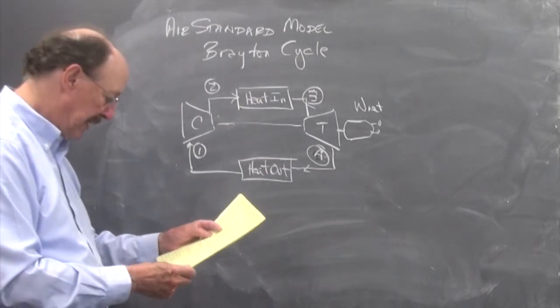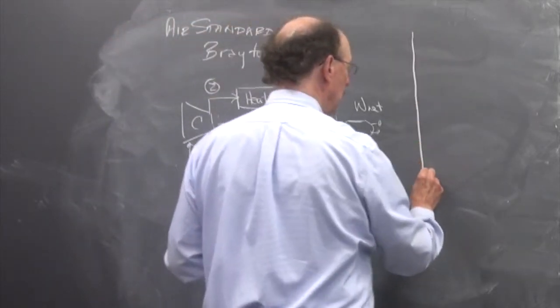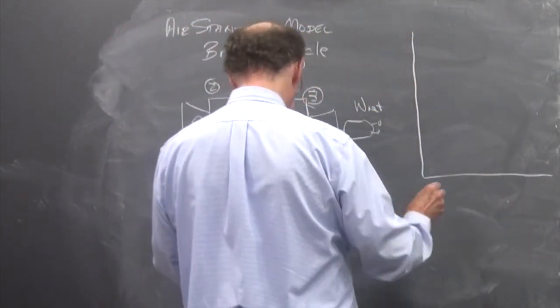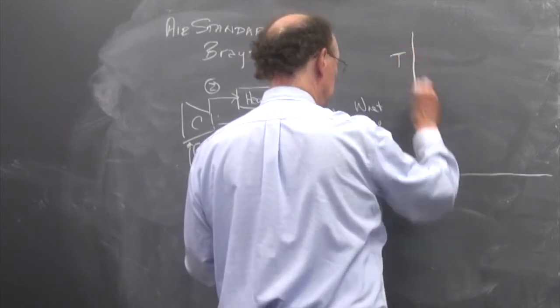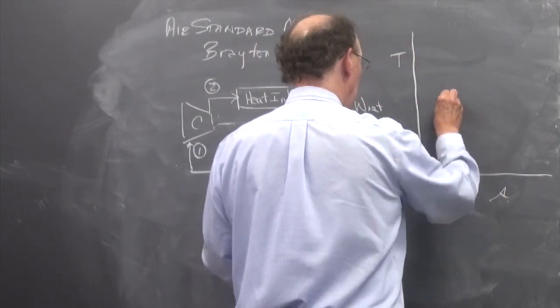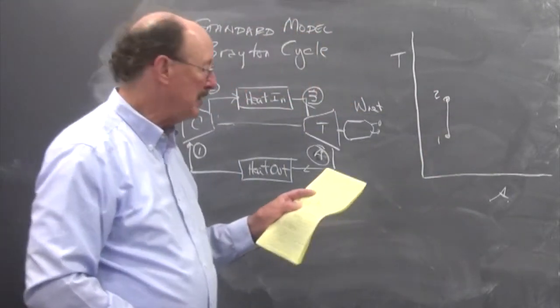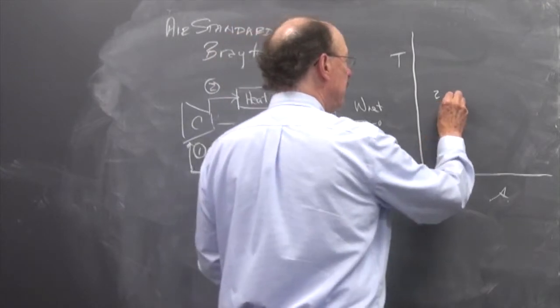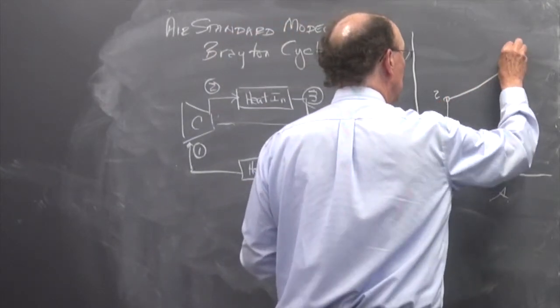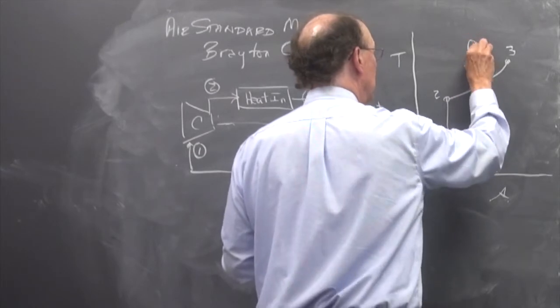And so I could draw a TS diagram for this. 1 to 2 is isentropic compression. Then we have constant pressure, P equals C, Q in.